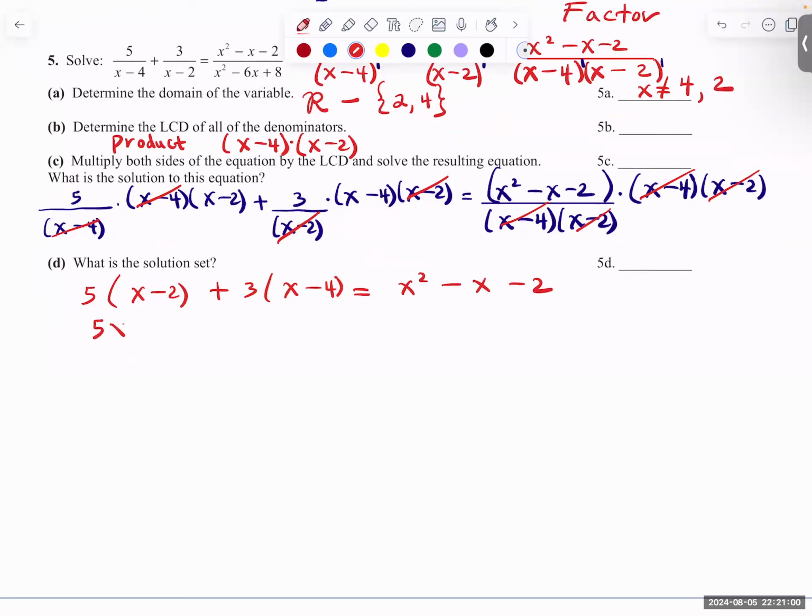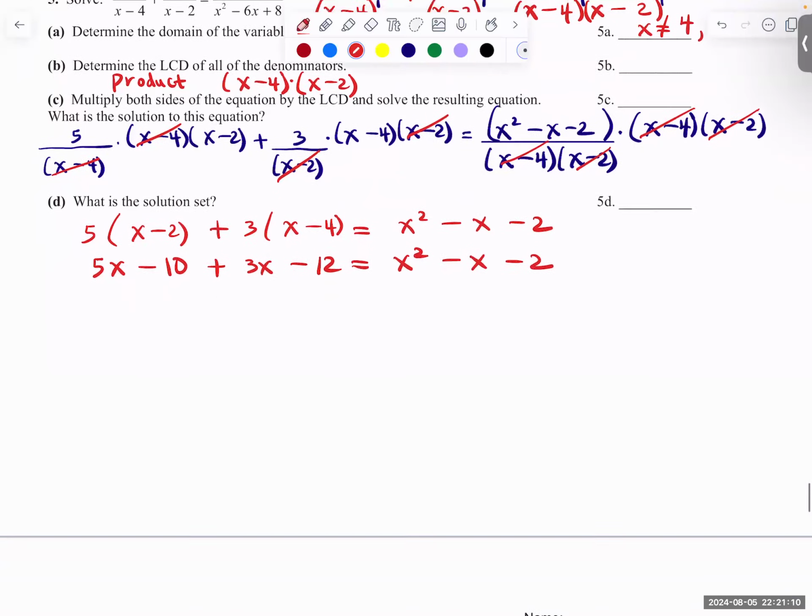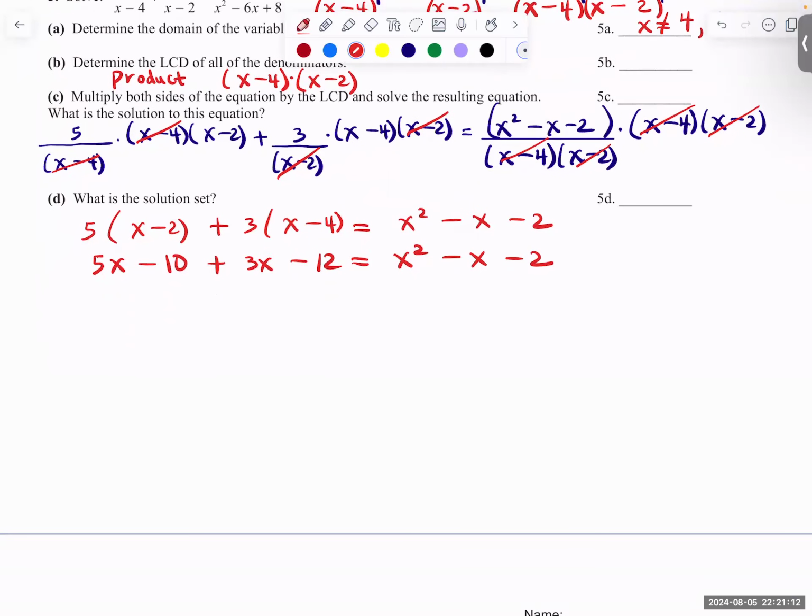So let's multiply 5 times x, 5 times 2, 3 times x, 3 times 4 equals this quadratic. So 5 plus 3 is 8. Negative 10 minus 12 is negative 22 equals this quadratic.